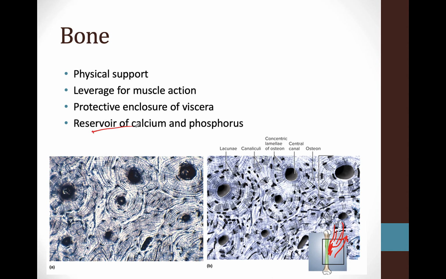And then they're also a reservoir for nutrients. So our bones are made up of calcium and phosphorus. And so if our blood levels of calcium are really low, we can actually take calcium from our bones and put it into our blood, which may not be the best thing for the bones, but it will help us maintain our blood levels of calcium and phosphorus.